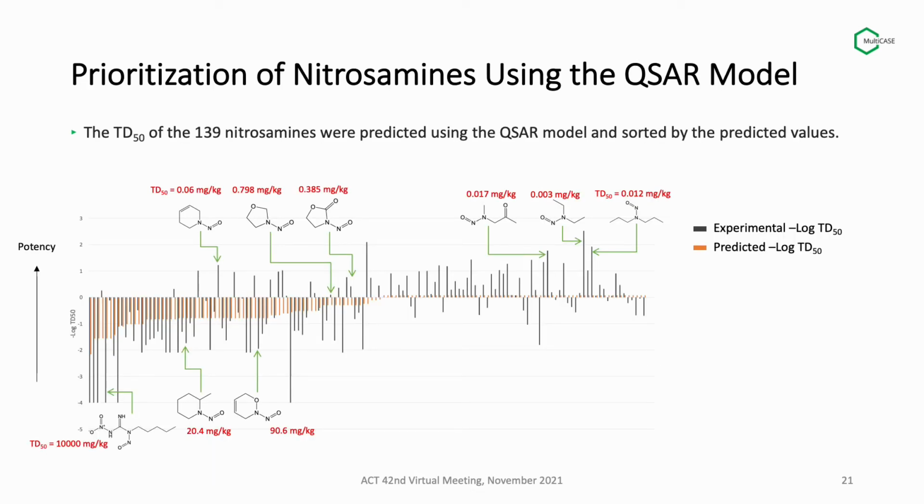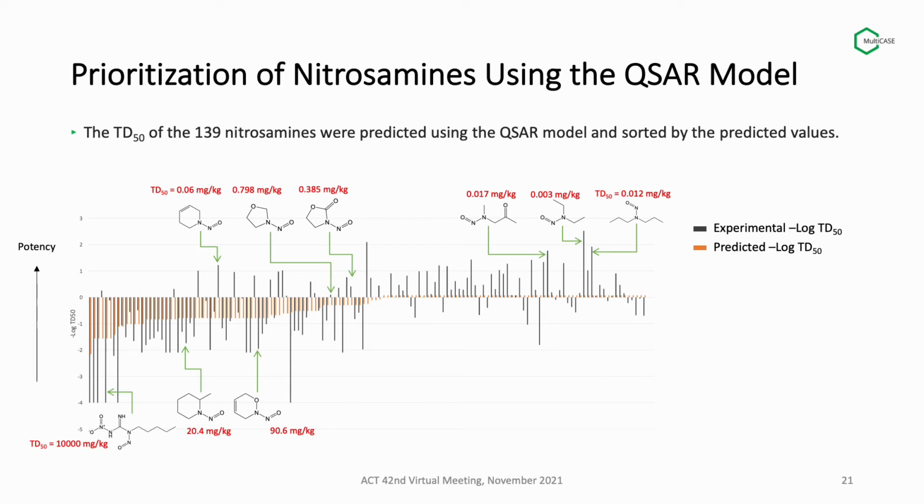We can use this newly built QSAR model to first predict the carcinogenic potency of the 139 nitrosamines from the training set itself. That's exactly what is shown in this slide: the predicted value, or rather the negative logarithm of the TD50 values of those 139 nitrosamines, sorted based on the predicted value.